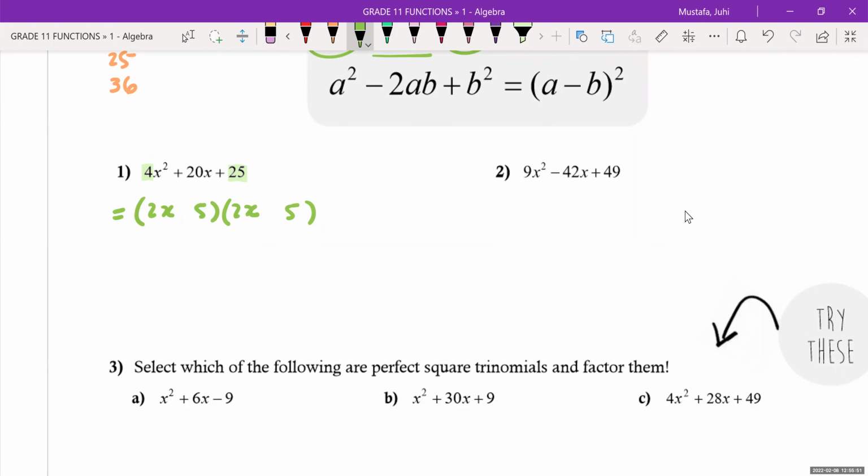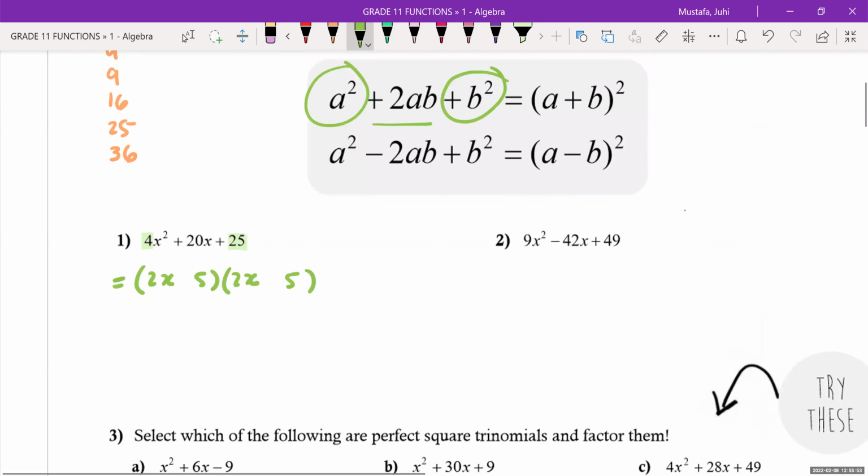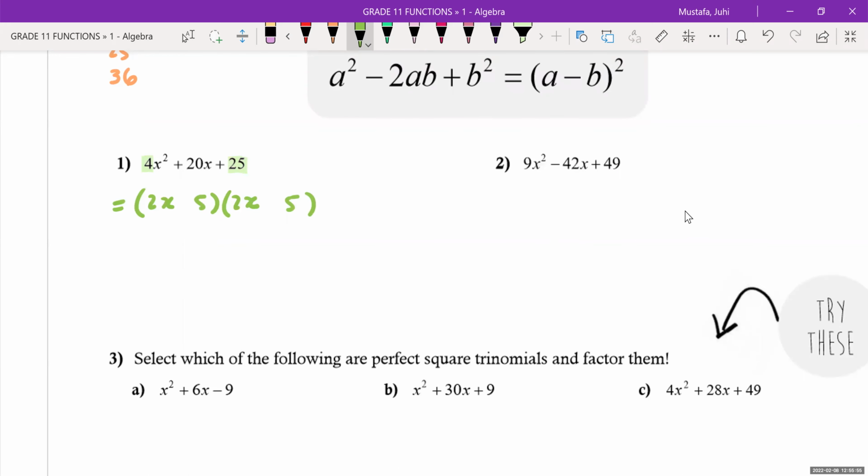And in order for both of those to be positive, according to my little rule up here, these have to be plus signs. Now, this can be your final answer. You don't have to do anything else. However, in some textbooks, you may see these rewritten as 2x plus 5, everything squared. It's the same thing. You can leave your answer in either form.